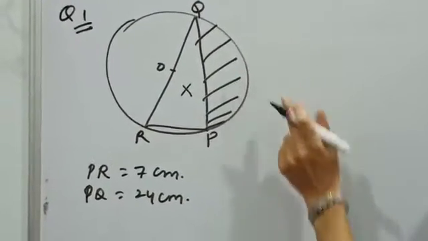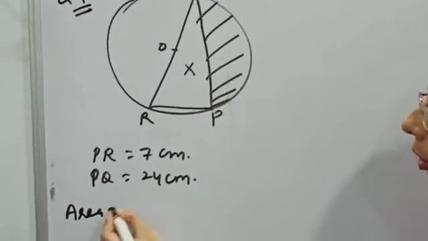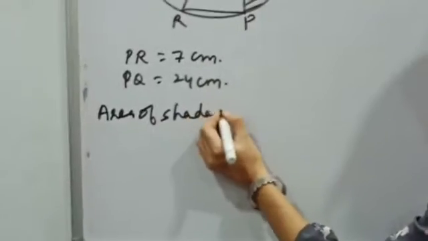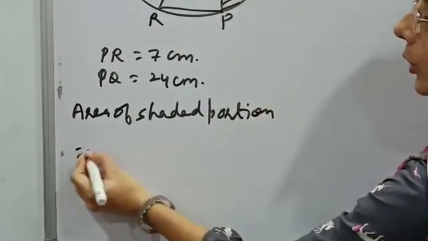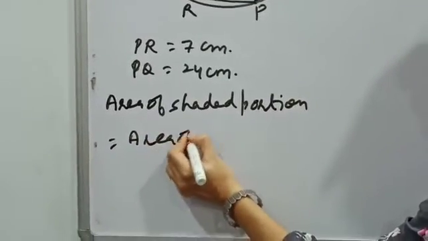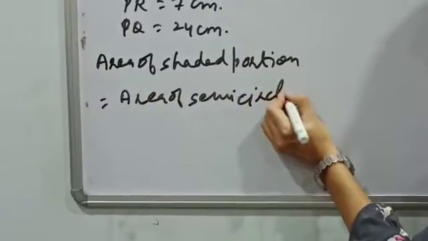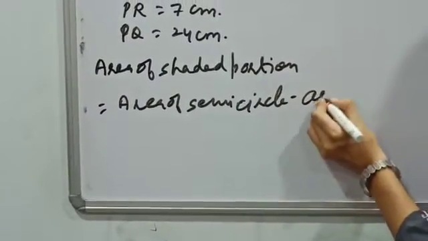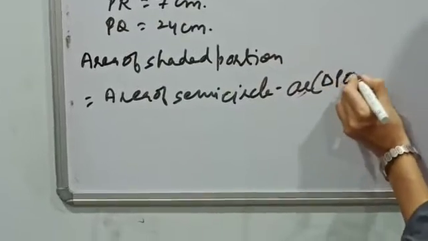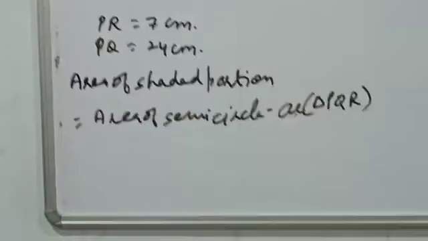So the area of the shaded portion is equal to the area of the semicircle minus the area of triangle PQR. These two things we need to find out.